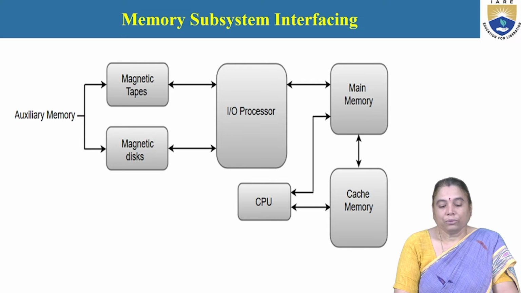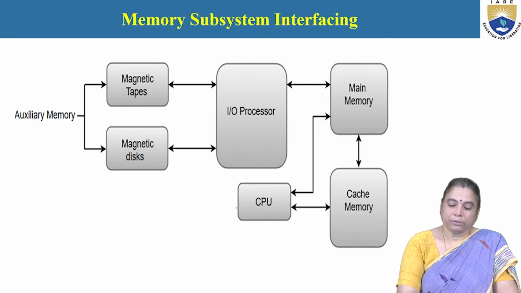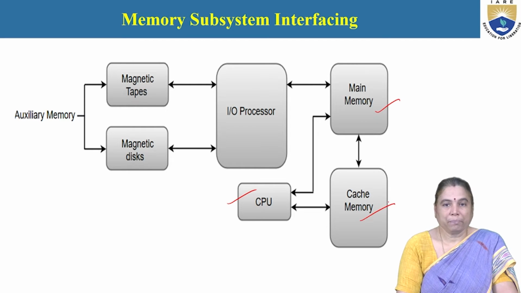Now, how are these various categories of memory devices connected with the central processing unit? This is the central processing unit and this is the main memory. In between the CPU and main memory, the cache memory is connected. It is a small high-speed memory connected between the CPU and the main memory.